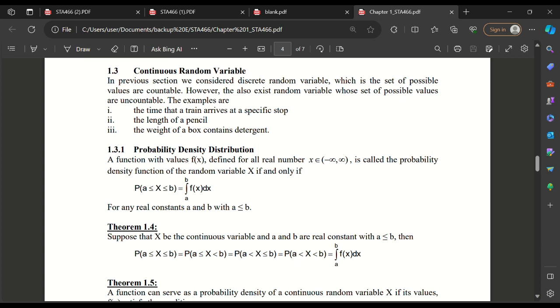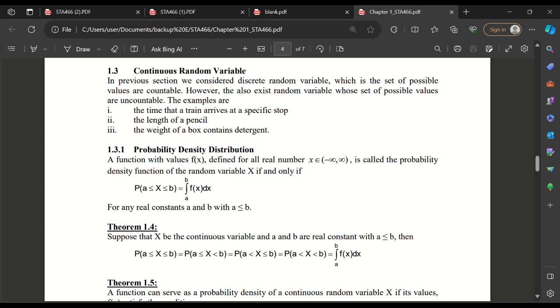It cannot be in decimal places kalau discrete. Kalau continuous macam time, it can be 1.2 hours, 3.4 hours ataupun 30 minutes, 35 minutes, which is 0.5 hour, which is 30 minutes.